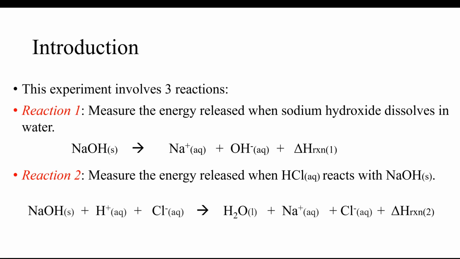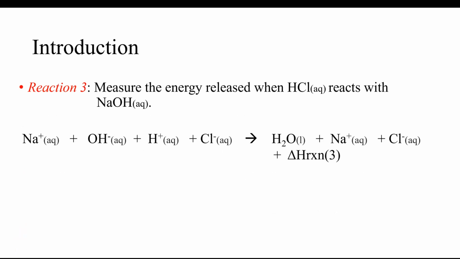The sum of the mass of sodium hydroxide and the mass of water gives you the mass of the reaction mixture. The specific heat of water is 4.184 joule per gram degree Celsius, and then the change in temperature you obtain from this experiment. Reaction number 2 and 3 follow a similar procedure.